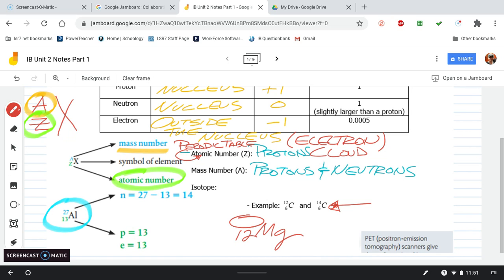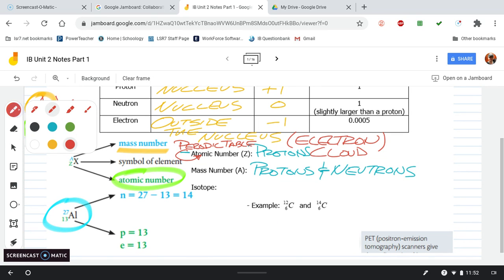Okay, so what's an isotope? Isotopes are going to be two atoms that are the same element. The only thing they differ in is neutrons. So isotopes are going to differ only in neutrons.